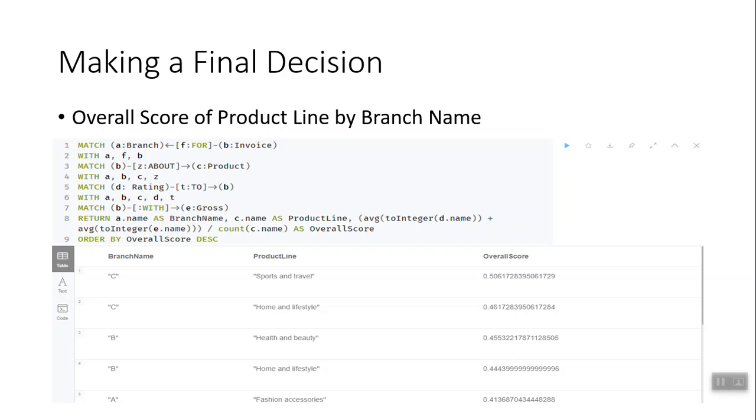It could use another store. Thus, it also leads to the potential for high gross transactions, as we've seen historically throughout the various transactions branch C has had in the past 3 months in the data set. So my decision is branch C.